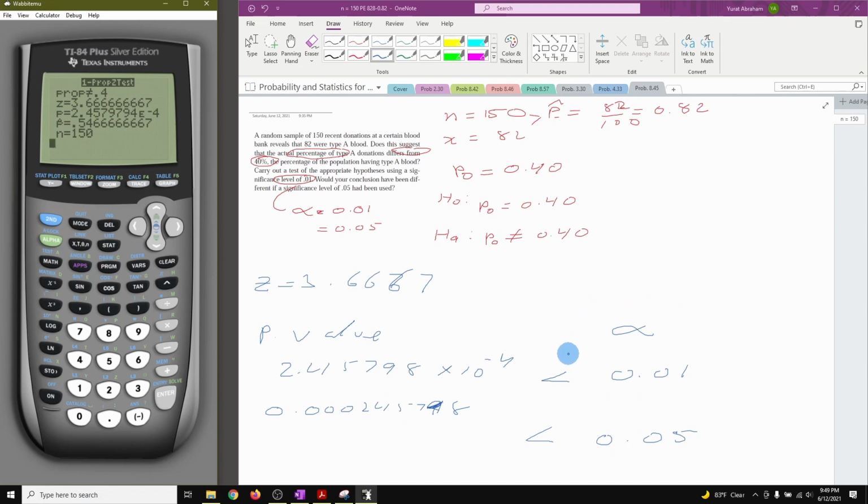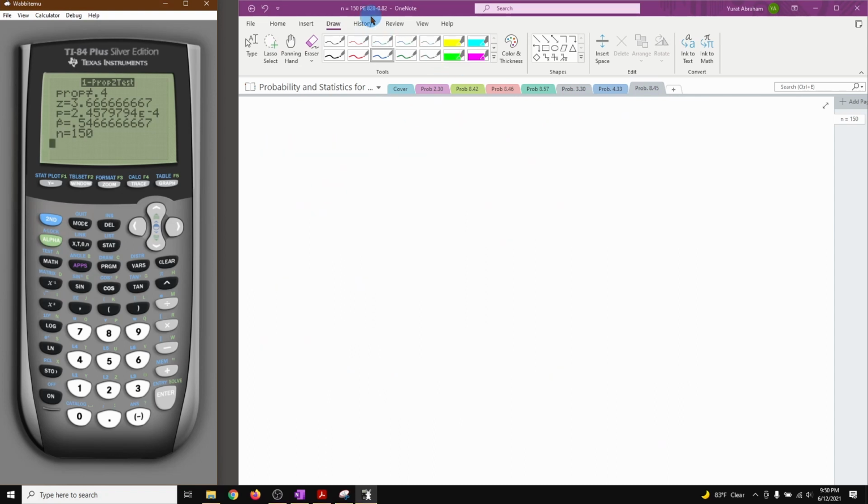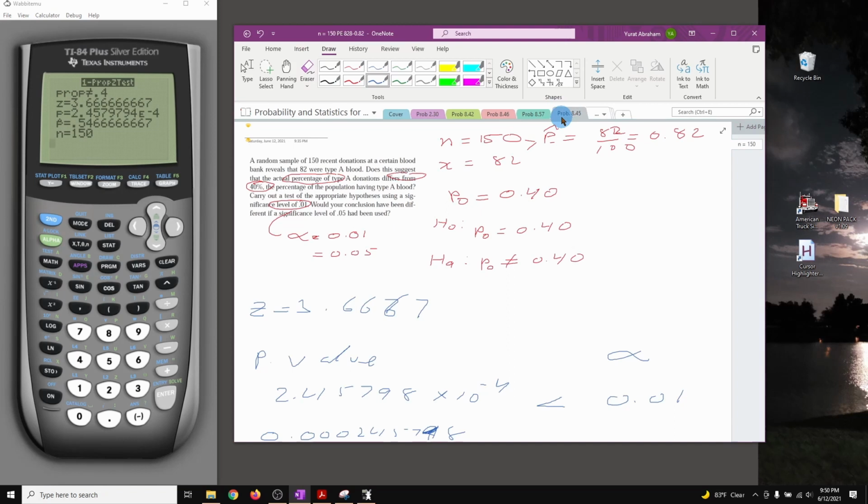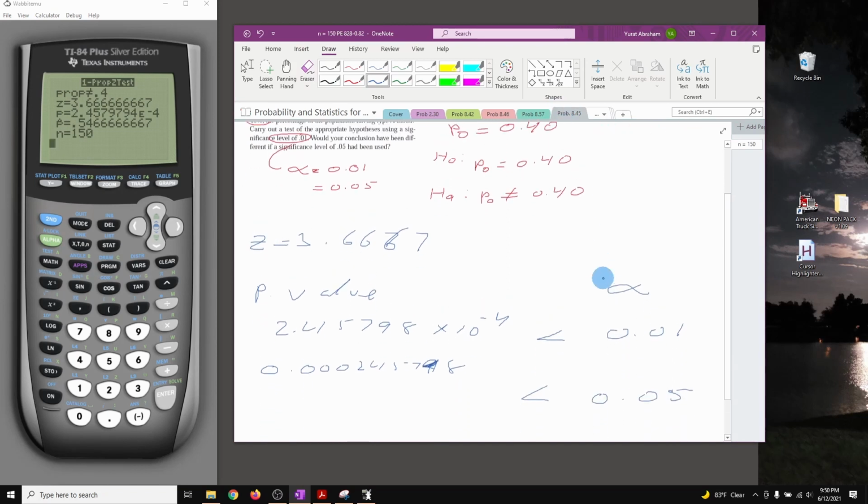All right. So here, we can say that because the p-value is smaller than the alpha level on both of them, both are going to have the same conclusion. So when it asks whether your conclusion will be different if the significance level is 0.05, no, it will be the same. There you go, sorry about that.